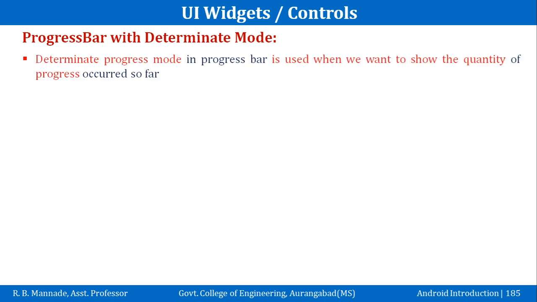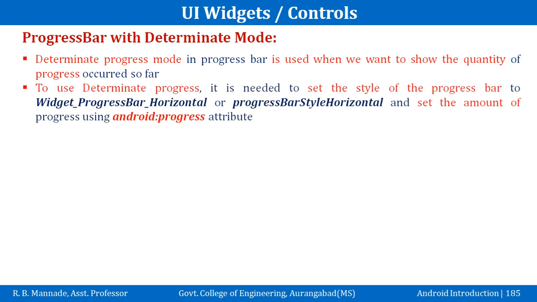So in a progress bar, a determinate progress mode is used when we want to show the quantity of progress that has occurred so far, from the beginning up to that particular moment, right?